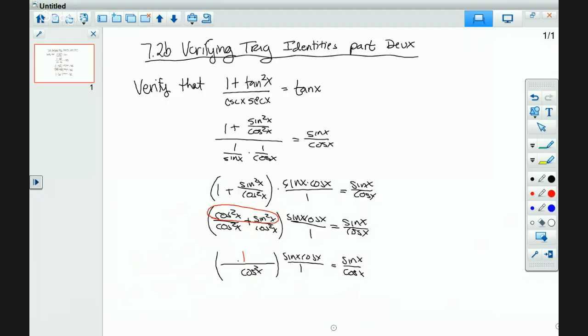Because they're right next, we just multiply straight across. What do you notice about the bottom and the top? Yeah, so what can we do? We can cross it out and get rid of the squared. We cancel one out, top, one bottom. So sine x is left over, cosine x is left over. Hey, look at that.